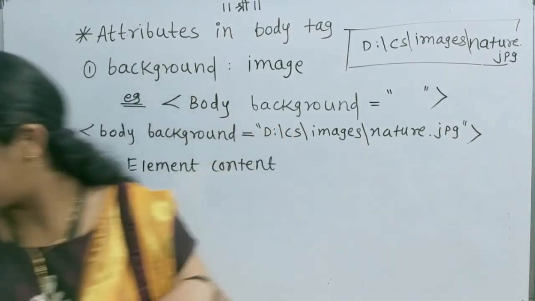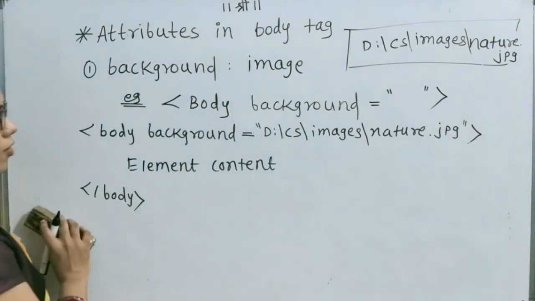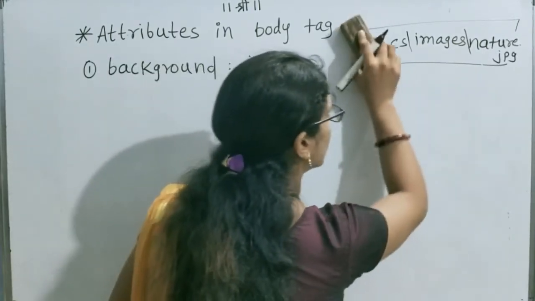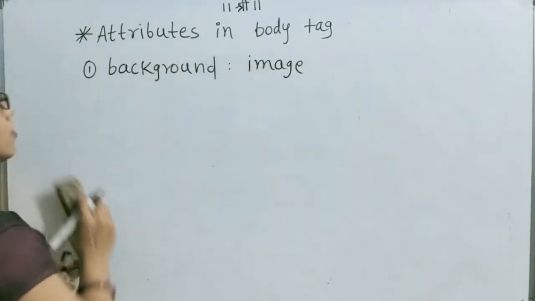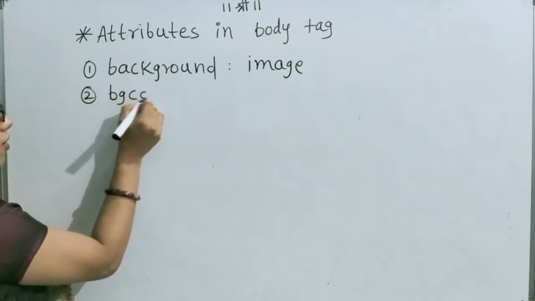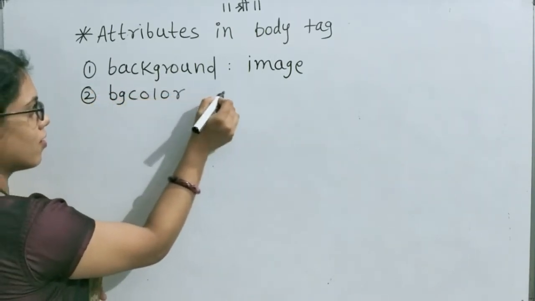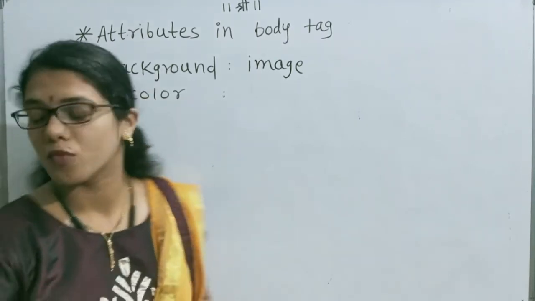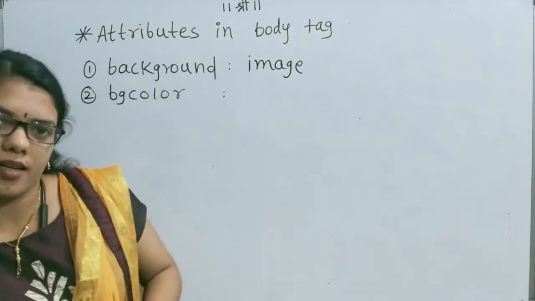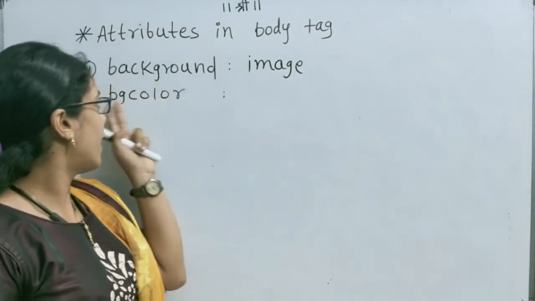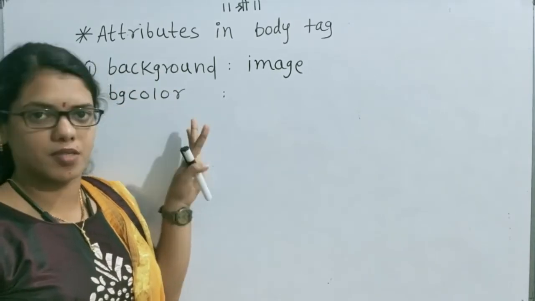Okay, now we are starting with the second attribute. The second attribute is BG color. The code word BG means background, color means color. So the second attribute, BG color, is used to apply background color to the website.